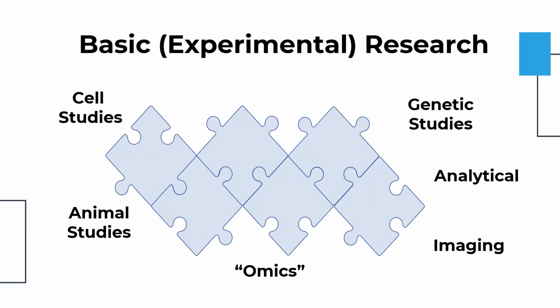So let's have a think about experimental research. And the reason I've chosen to use this picture of a jigsaw puzzle is because when you are conducting experimental research, it's likely that you'll use a number of these different types of research studies to prove your principle or prove your hypothesis. So, for example, in drug development studies, you may use cell lines or cell studies to test new agents.